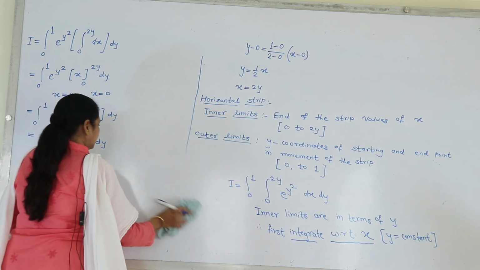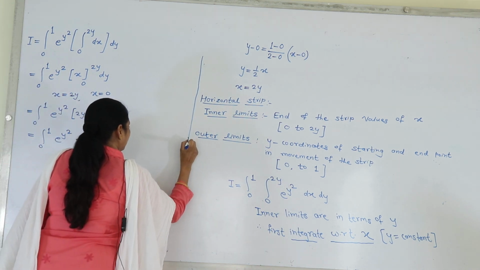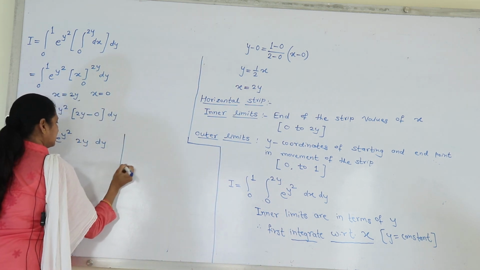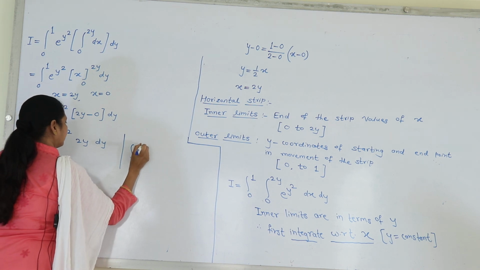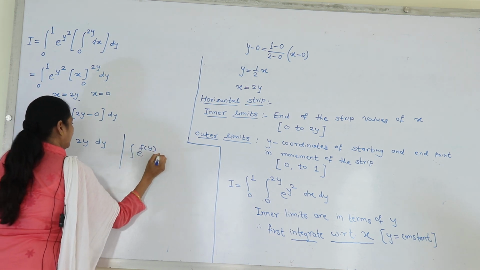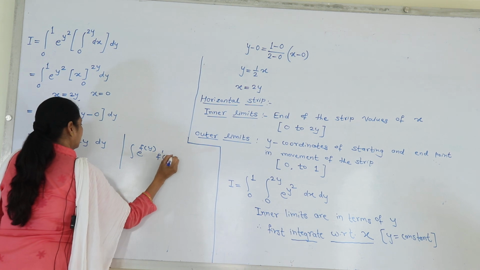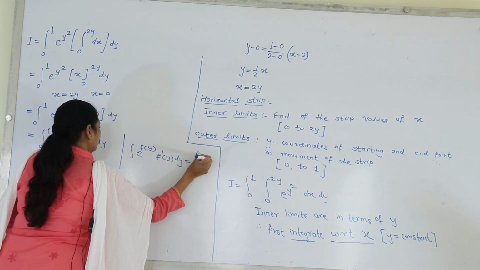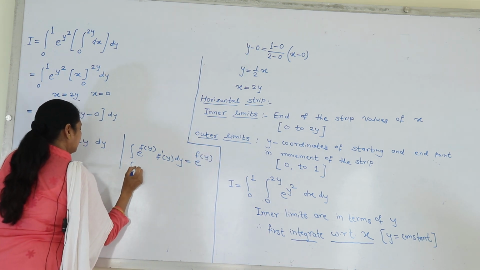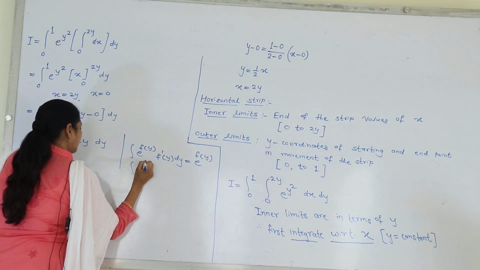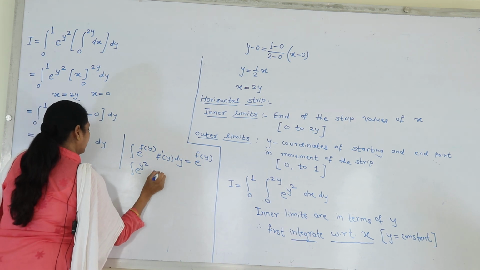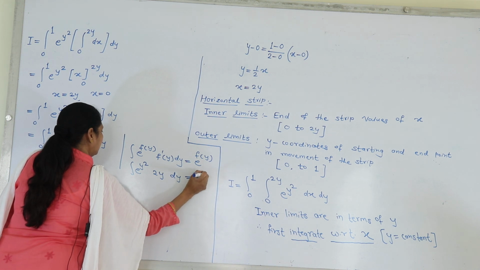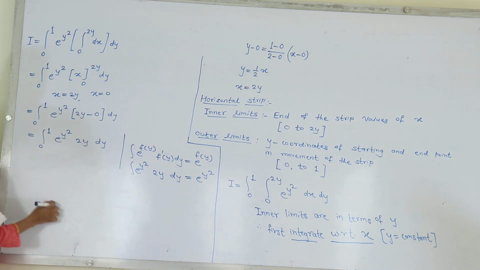Now integration: you can solve this integration by substitution, but the easy formula is integration of e raised to f(y) into f dash(y) dy is equal to e raised to f(y) only. Similarly, e raised to f(y) is e raised to y square and f dash(y), derivative of y square, is 2y, then it will be only e raised to y square.